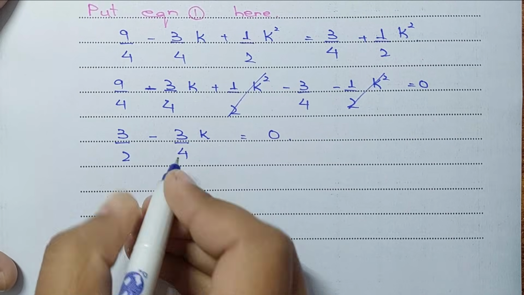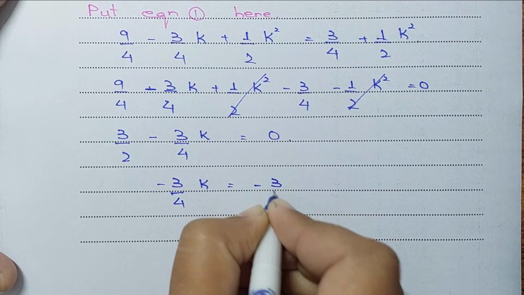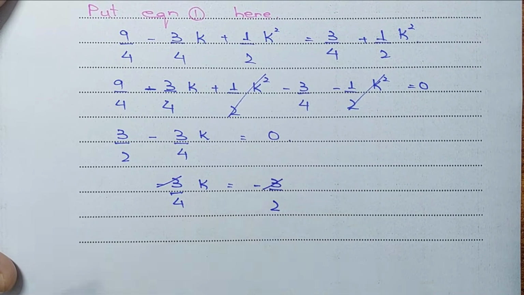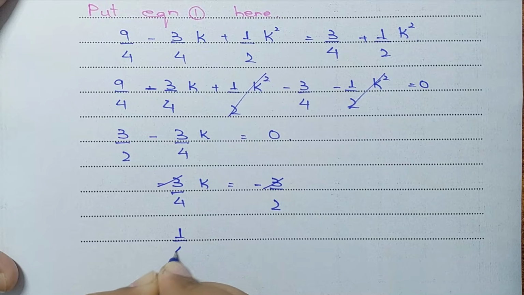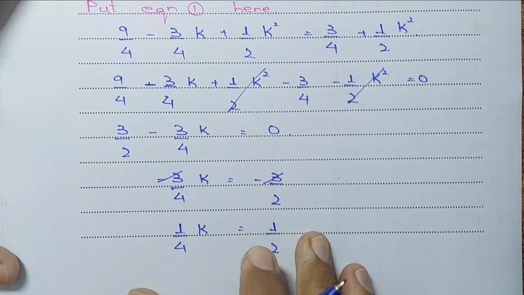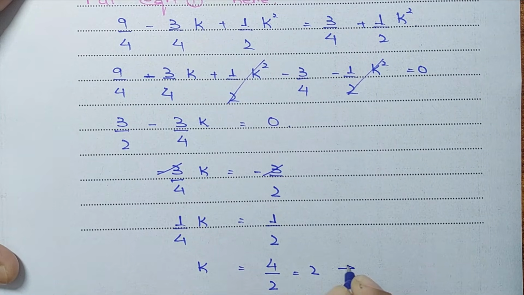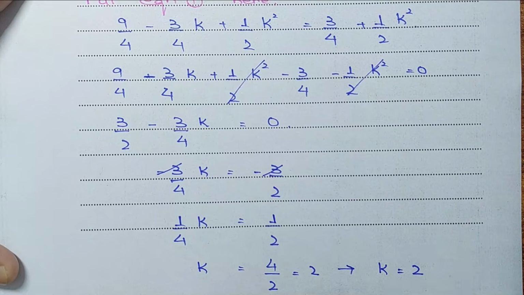So minus 3 over 4k equals minus 3 by 2. Negative 3 and negative 3 cancel out. 1 over 4k equals 1 by 2. So multiply both sides by 4. So k would be equal to 4 divided by 2, and 2 times 2 is 4. So from here we get the k value, which is equal to 2.